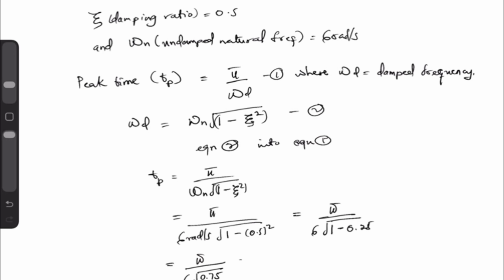So we can use our calculator to compute this, and we have pi on 6 multiplying the square root of 0.75.